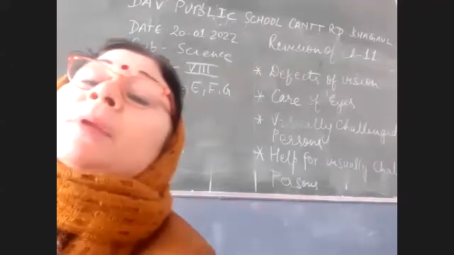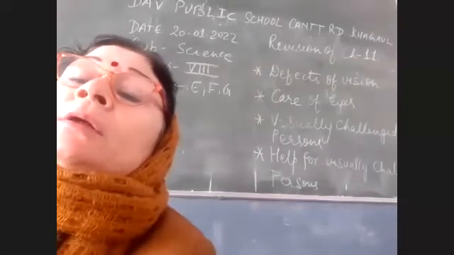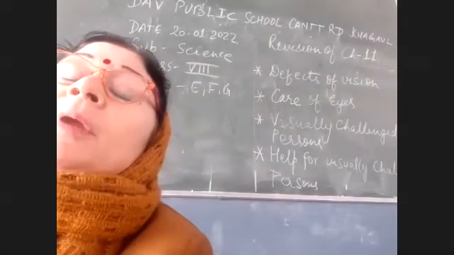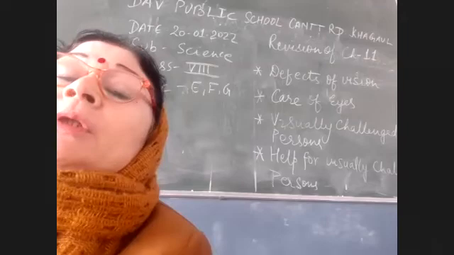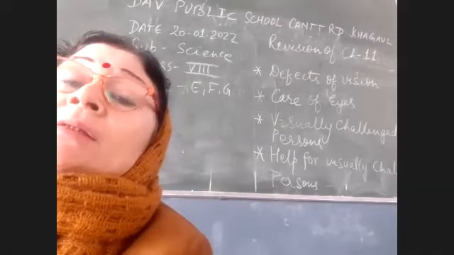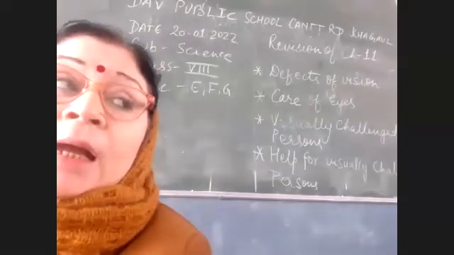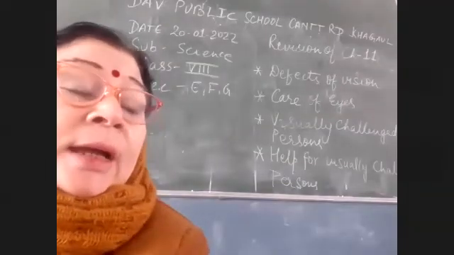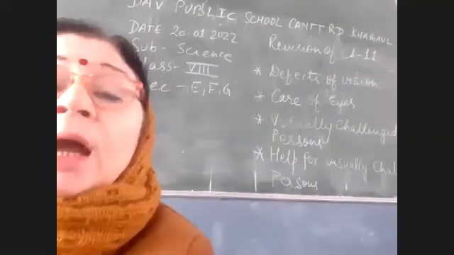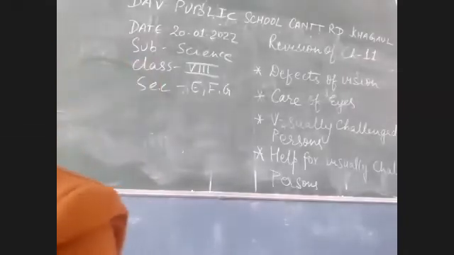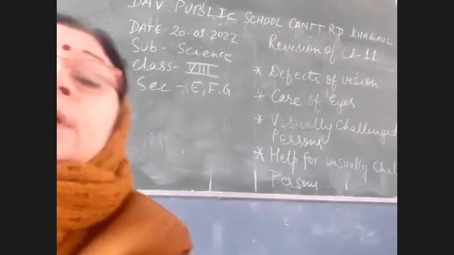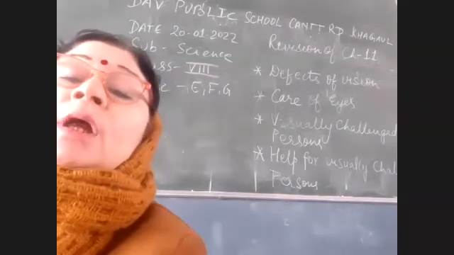Where is the membrane developing? Tell that. Membrane kahan develop hota hai? On the eye lens. Just mark the answer properly that the membrane is developed on the eye lens. Clear? Eye lens. Yes, ma'am. Next, Arushi Raj.